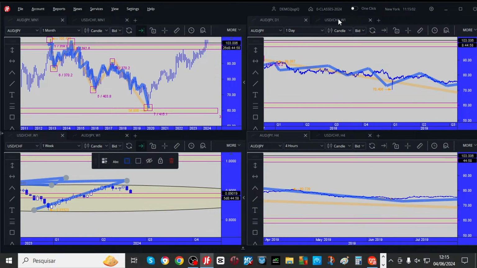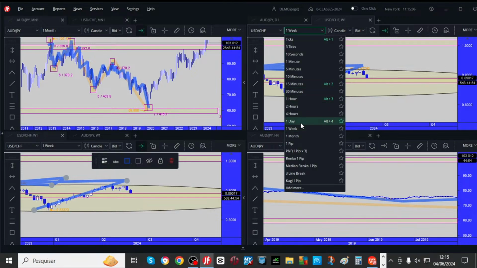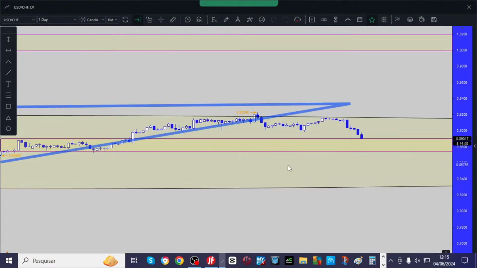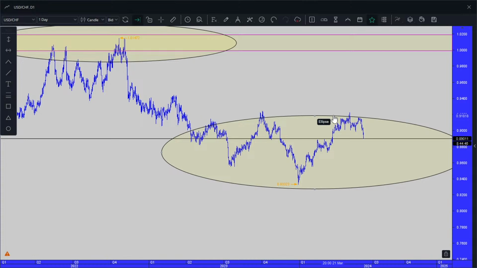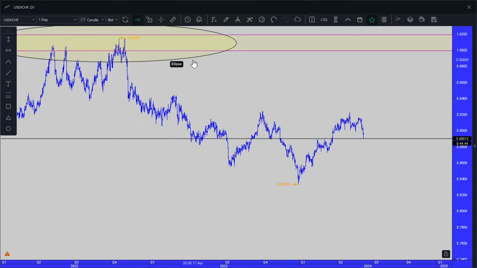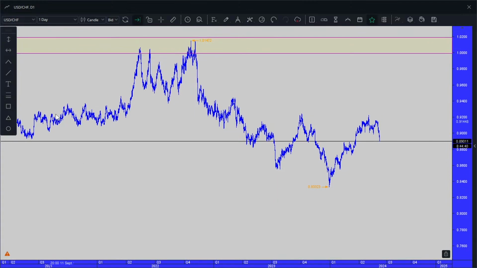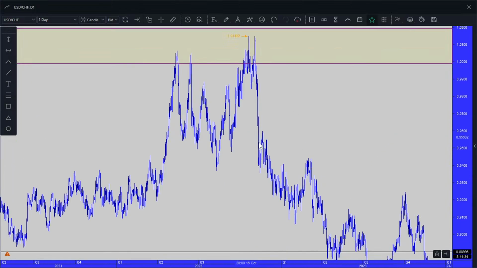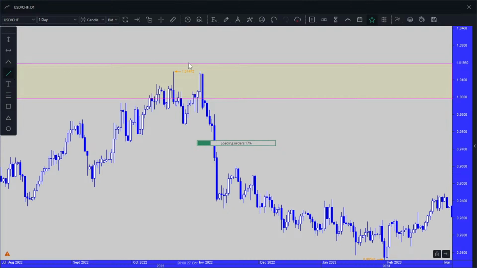So if you go on the USD CHF daily chart, then what else did we learn? We learned about trend lines, right? Trend lines start from the monthly band.